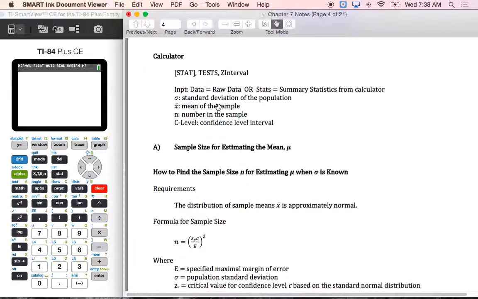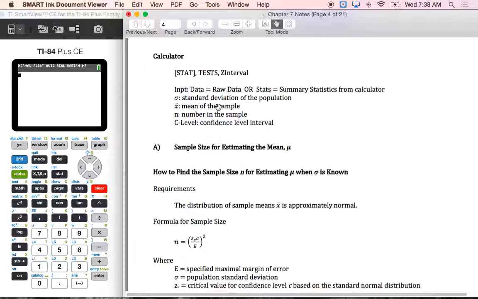Now you can put this into your calculator. I don't use this much at all, but I will show you how to do it. However, you cannot find your E using this Z interval. You have to use the formula to find your E. So as a heads up, you might find your interval, but you still have to go through and figure out what your E is using the formula.